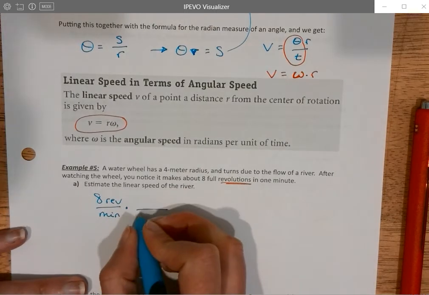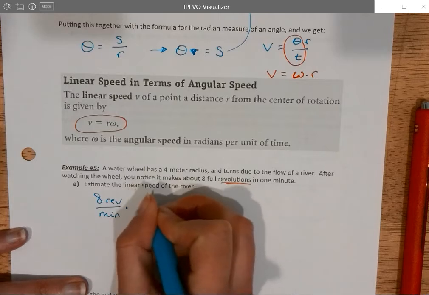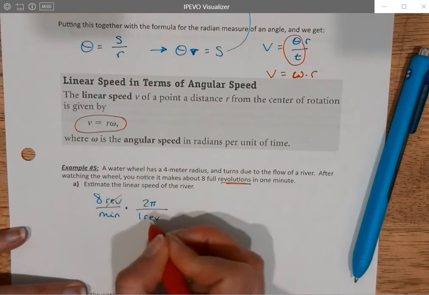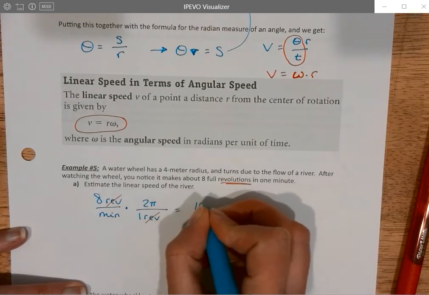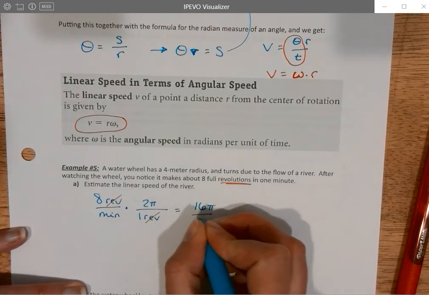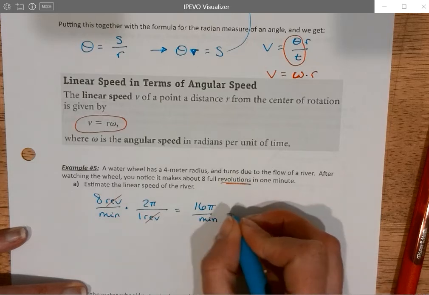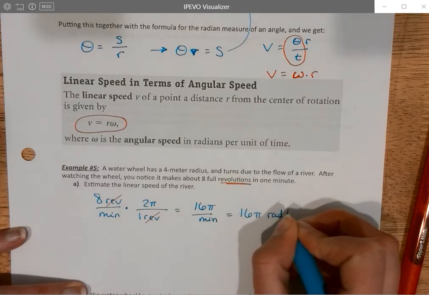I can convert this by multiplying by the fraction 2 pi radians divided by 1 revolution, just using some unit conversion to cancel out revolution. And this is going to get me 16 pi per minute. I don't have a unit up there on top, but that is radians. So that's 16 pi radians per minute.